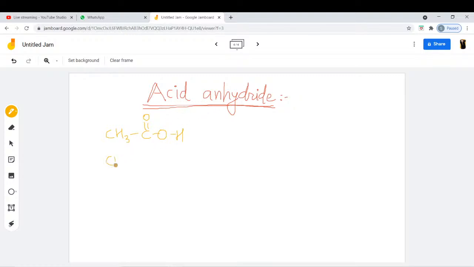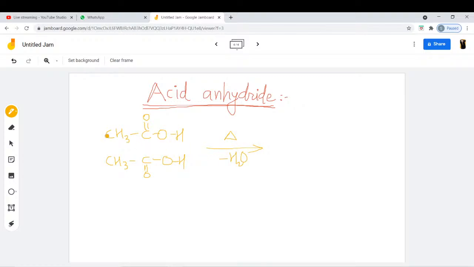I'm going to represent it: CH3, C double bond O, O and H, another molecule of the same. So how many moles of acetic acid? Two. Dehydration takes place: at a particular temperature, the removal of water takes place.